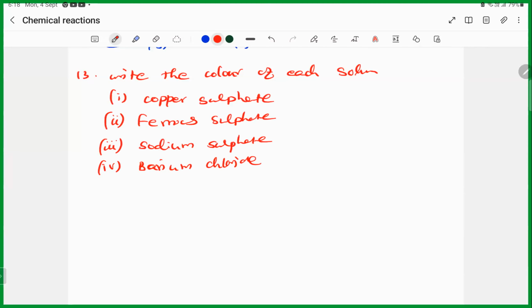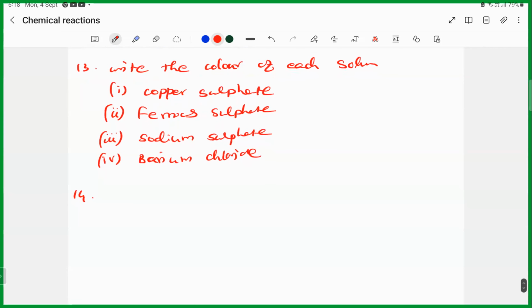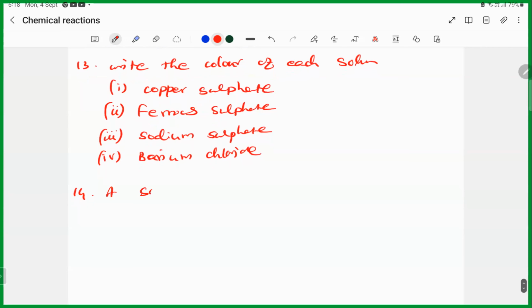14th question. A solution of copper sulfate was kept in an iron pot.